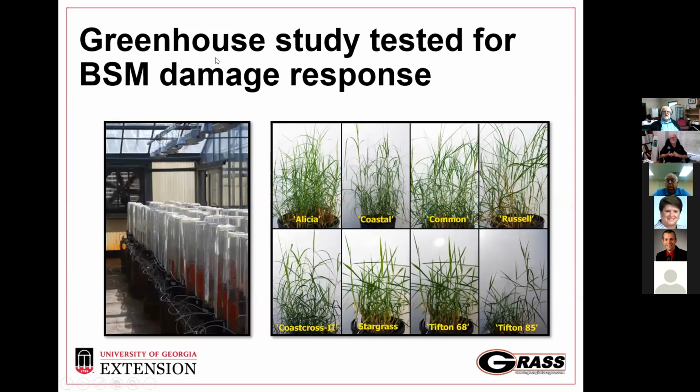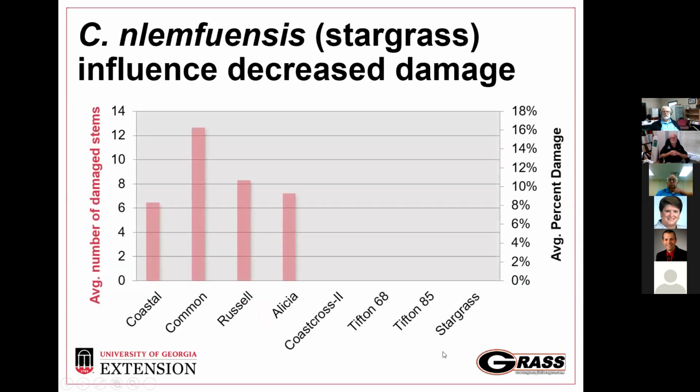And so in that screening, it turned out that the wide-stemmed varieties, which have more or less stargrass influence in them, are less susceptible than the finer stemmed materials.